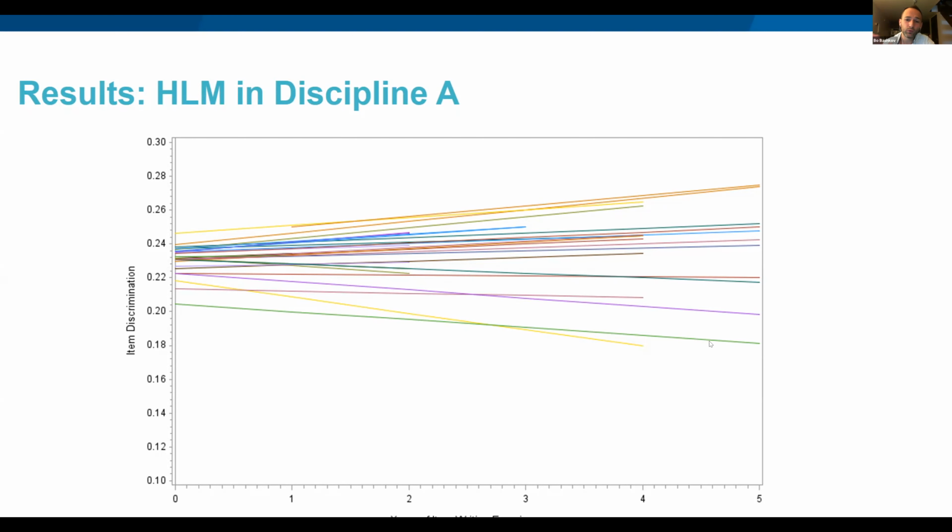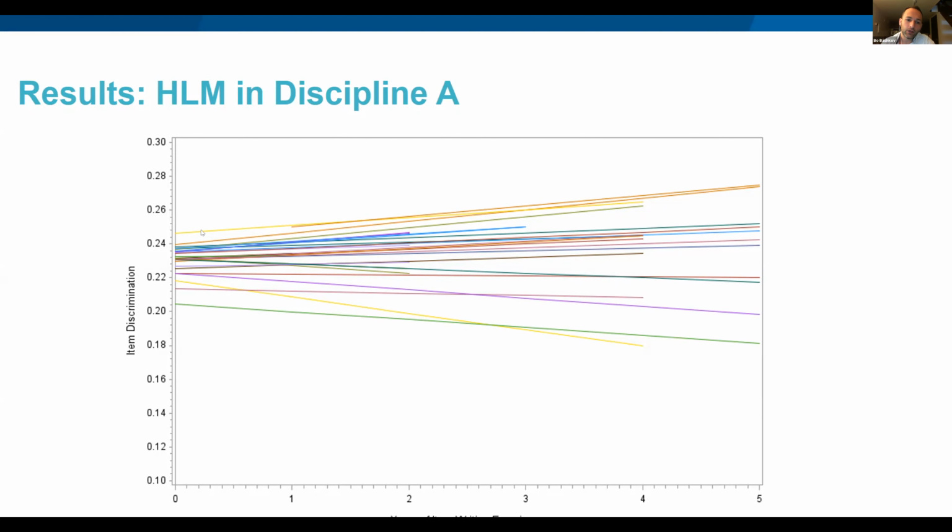Ideally, we would want item authors' discrimination to increase with more experience. That is true for some folks, but not for everyone, and some are indeed decreasing. One takeaway from this graph, in terms of typical things we evaluate in HLM or multi-level models, is the spread of intercepts and variability in slopes.